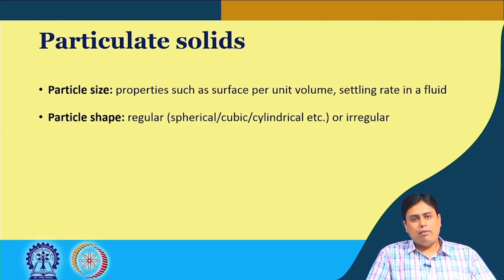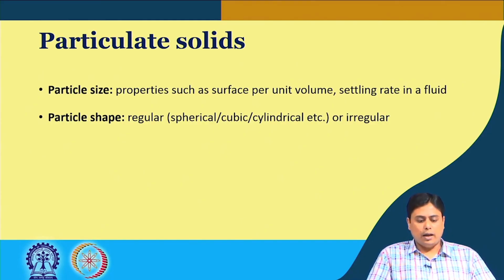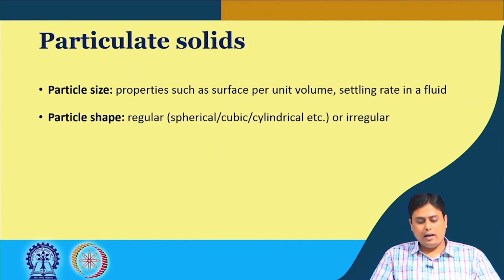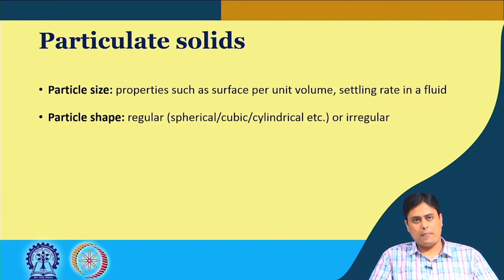If you can define a particle shape, then it would be easier to understand the characteristics of a particulate solid. It can be a regular shaped particle or an irregular shaped particle. Regular means a spherical particle, cubic particle, cylindrical particle, etc., that you can define by several different types of dimensions.